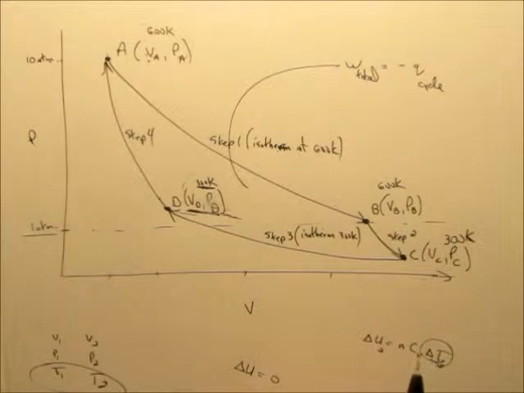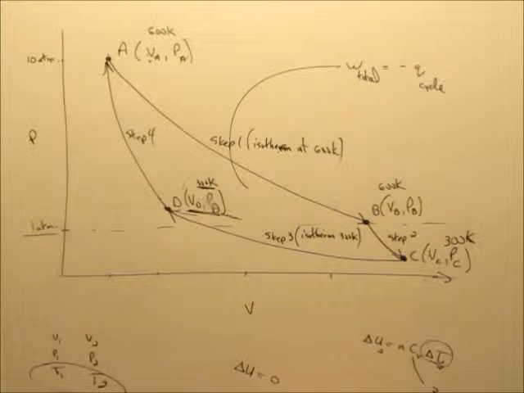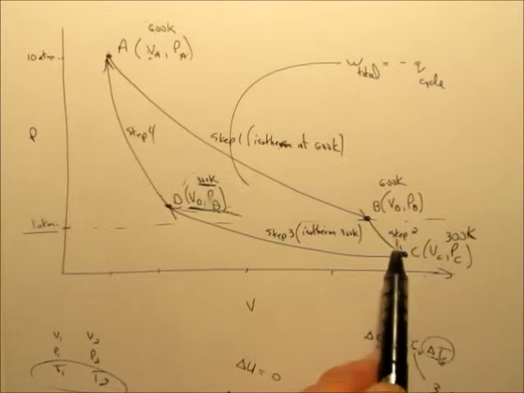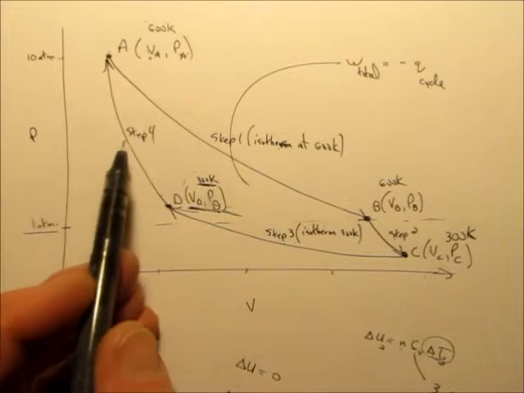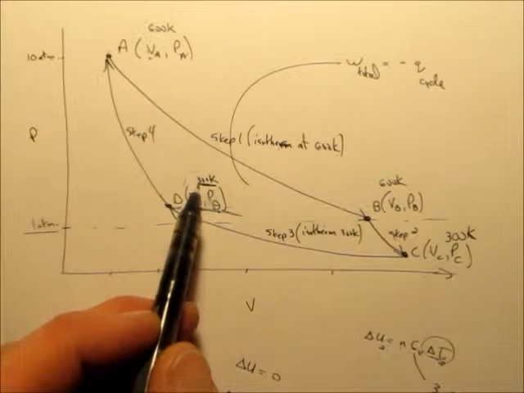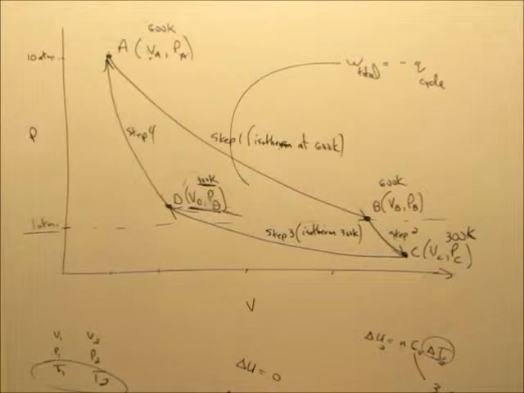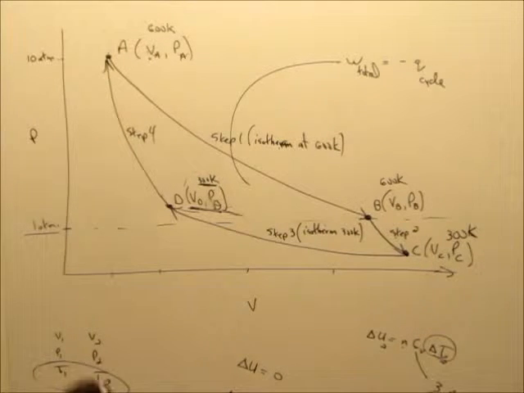That's your delta T. It's an ideal monoatomic gas, so CV, I believe, is 3/2 R. And you're told you have 1 mole. So you can easily calculate delta U for this step. And when it becomes step 4, you go back from 300 to 600, which is the opposite of this value, whatever that is.